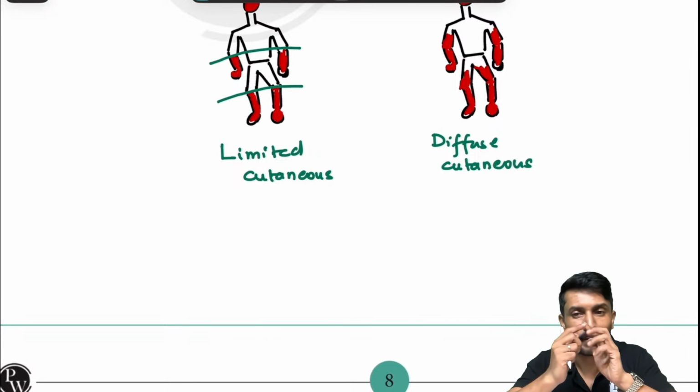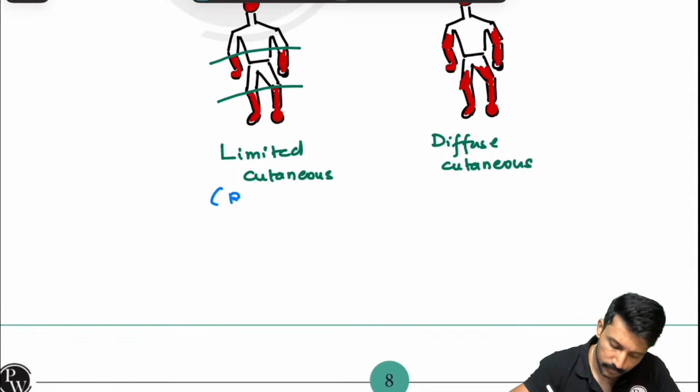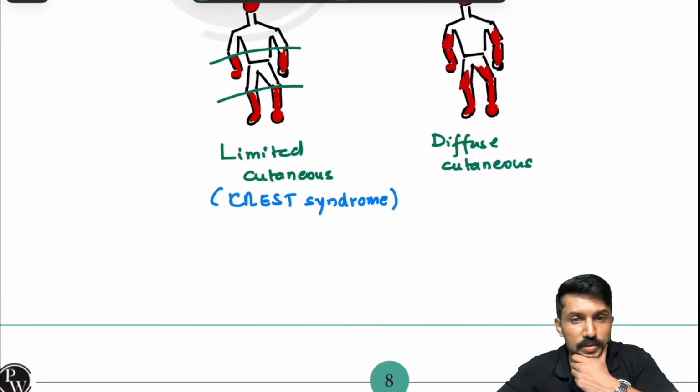Apart from that, they can have calcinosis cutis. That's why this is also called CREST syndrome. These patients will have calcinosis cutis, Raynaud's phenomenon, esophageal dysmotility, and telangiectasia. That's why it is called CREST syndrome.